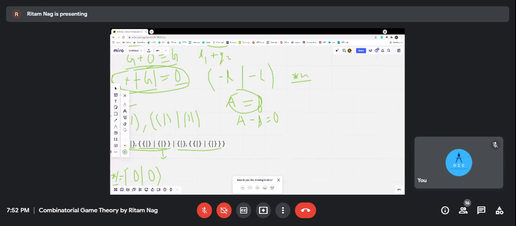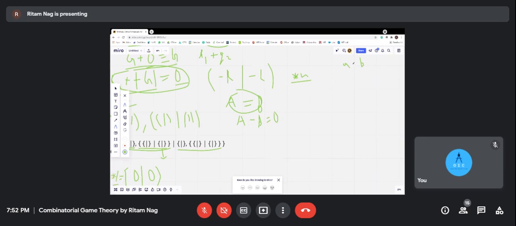So even NIM games with 2 piles or something are equivalent to one with 1 pile. Oh, so you don't remember the NIM lecture, like you weren't there during the NIM lecture. In fact, we actually proved that during the NIM lecture. We needed that result to prove the NIM theorem.